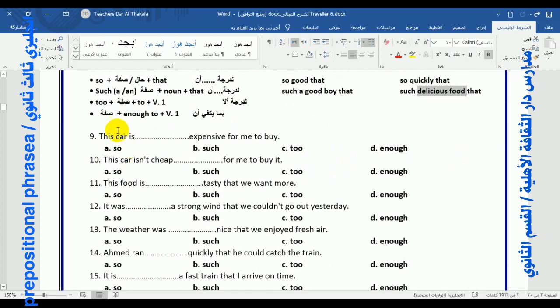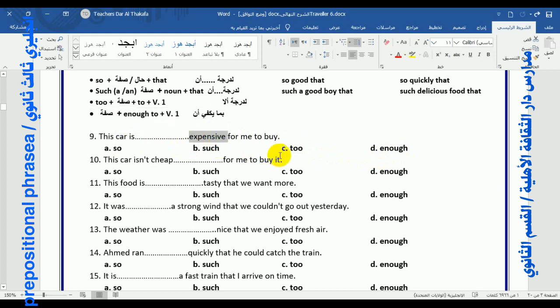Okay, so this car: choose the correct answer. But too comes before the adjective, and enough comes after the adjective; the adjective comes first and then enough. So choose the correct answer: this car is so, such, to, or enough expensive? So, too expensive, because it is followed by an adjective here.